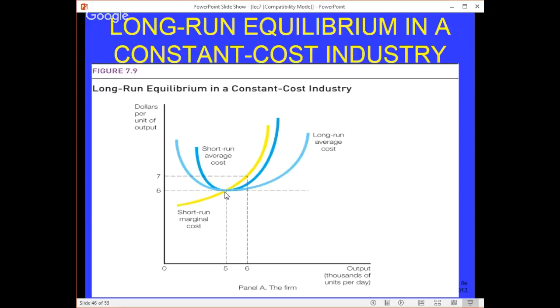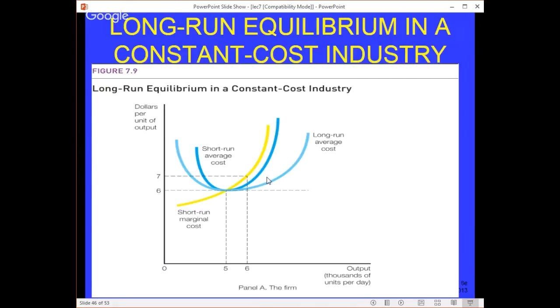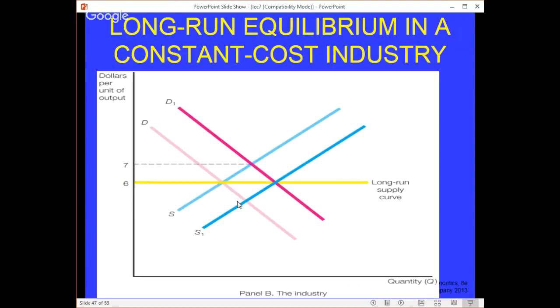But what would happen if I have an increasing cost industry? This is pretty much what we've been talking about up to this point. This was the firm. This is the market. Initially, I have an increase in demand. Price increases from 6 to 7.